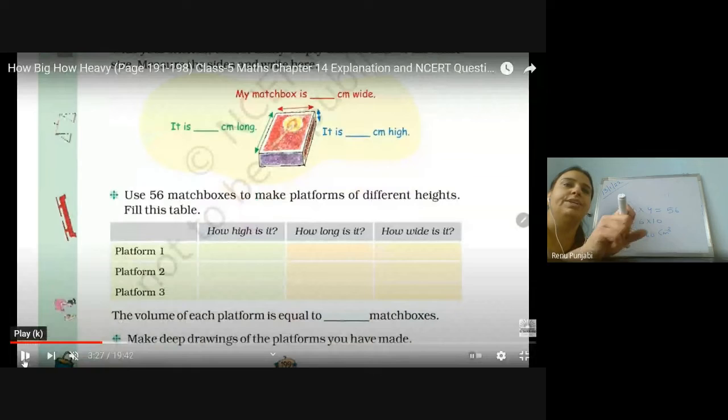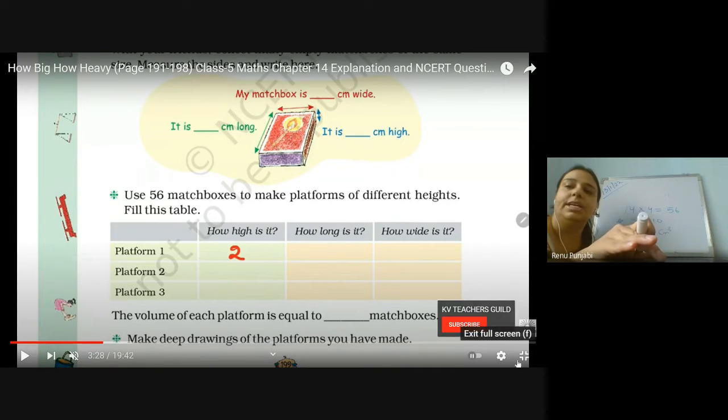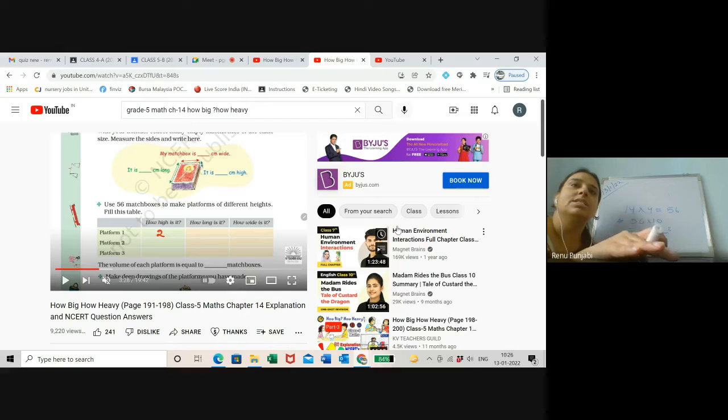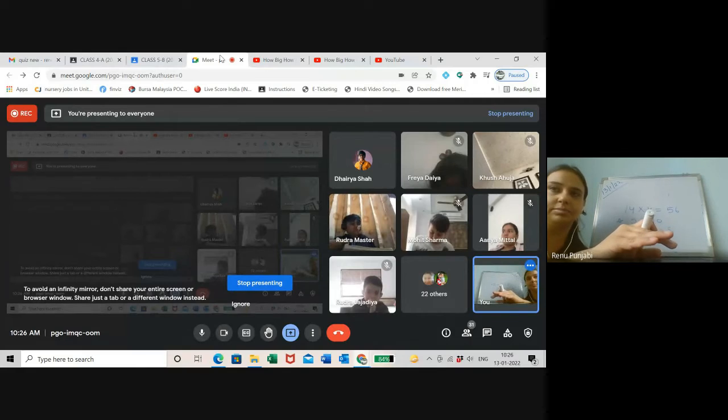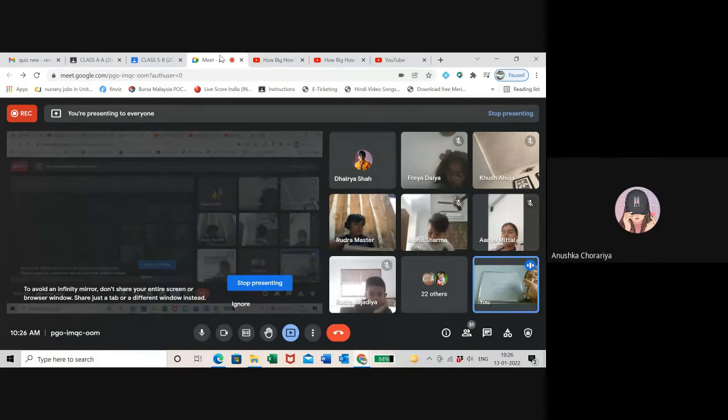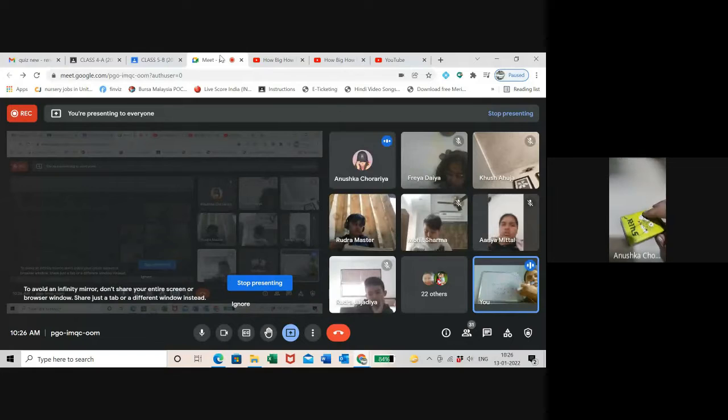Now use 56 matchboxes to make the platform of different heights. How high it is, how long it is. अब आप different कर सकते हैं कि आप 56 matchboxes को अगर for example she is having 7 matchboxes. Anushka, if you arrange your 7 boxes in the different way to find the volume of different figures, will you be able to arrange them? कभी height में 2 लगा लो, कभी length में लगा लो.